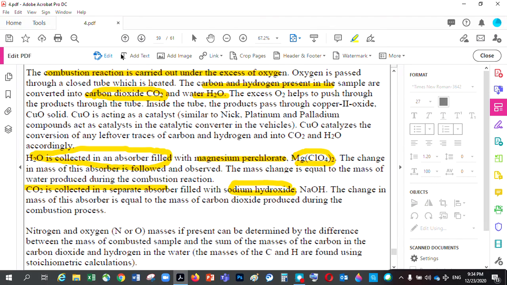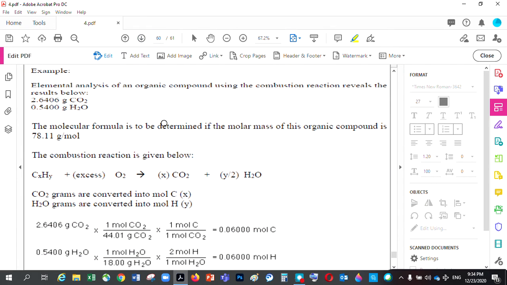So let's look at one of the examples here. This is elemental analysis of an organic compound using combustion reaction, which reveals that we have 2.6406 grams CO2 and 0.5400 gram H2O. The molar mass given to us is determined to be 78.11 gram per mole.